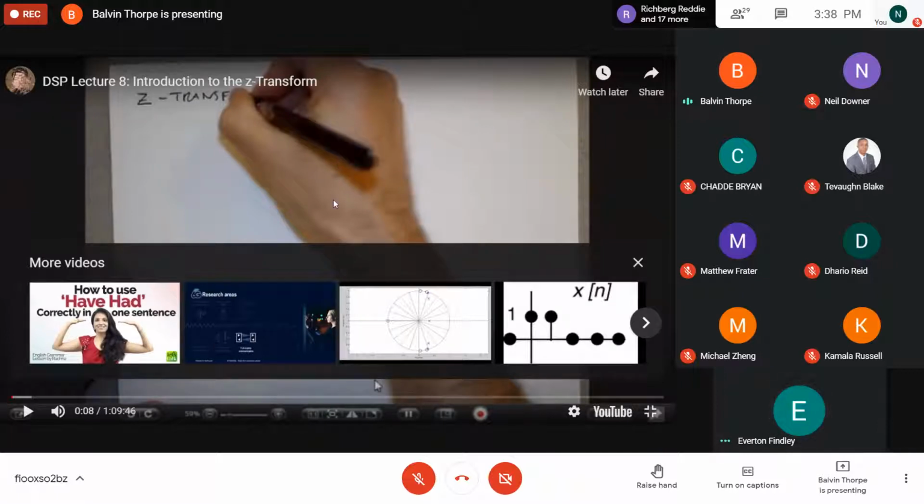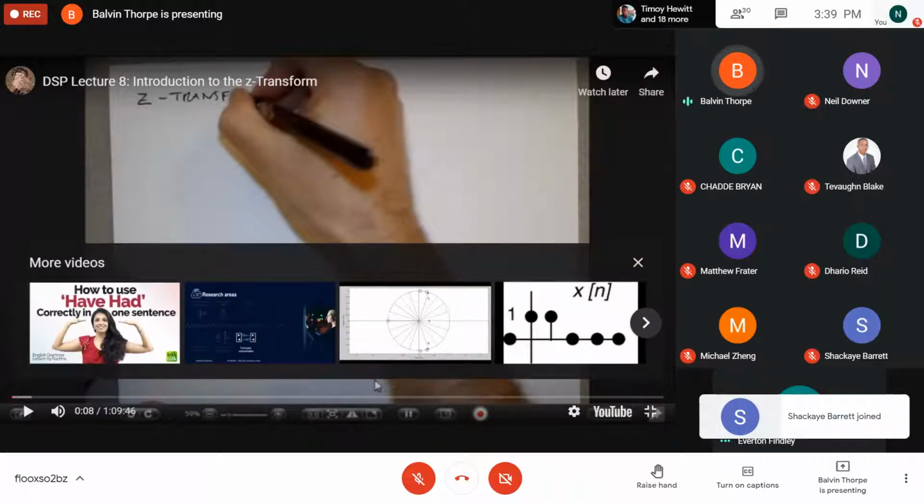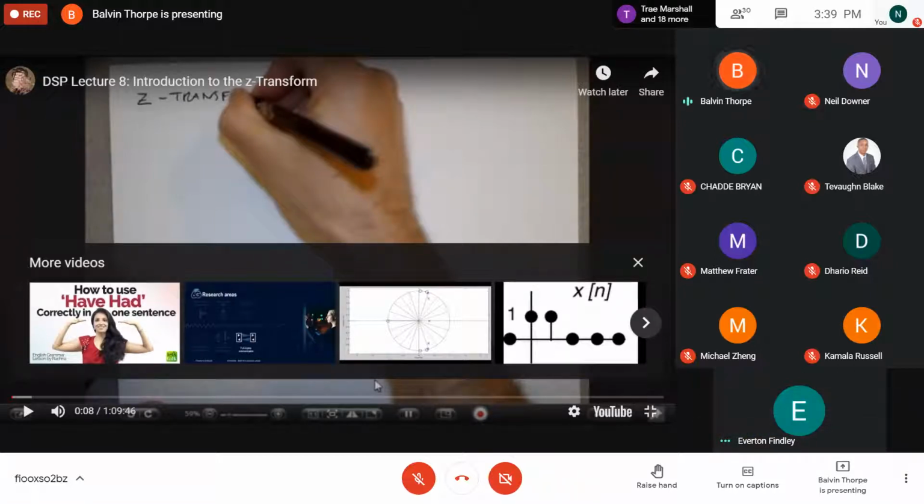From the video, the context was to use the Z transform to find the region of convergence and the poles and zeros to draw a pole-zero diagram. Is that what we are going to be focusing on also? Yeah, that's it. If you look at the syllabus, it's understanding the Z transform to find the region of convergence, to see how some systems are stable and what makes them stable, and why you're unable to find the region of convergence for some systems.